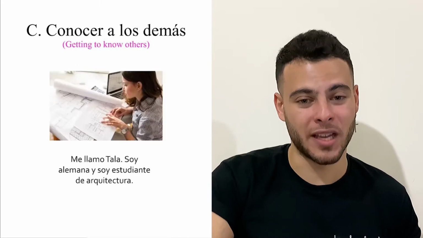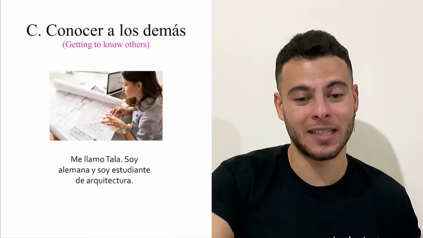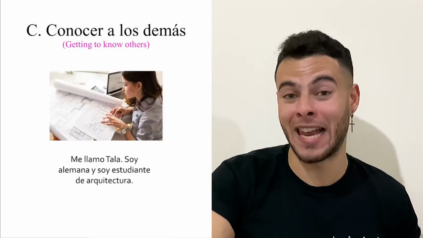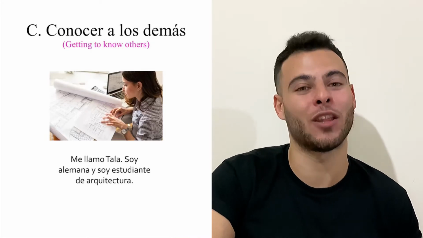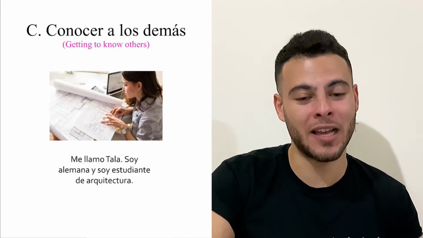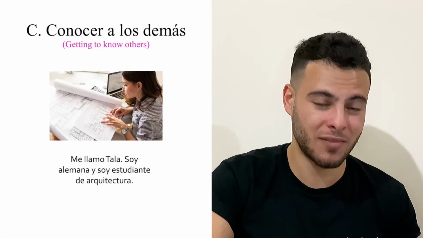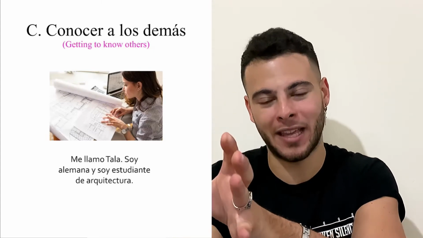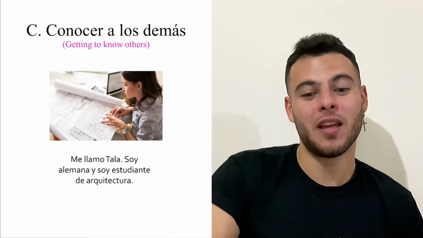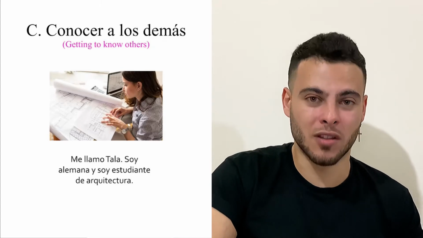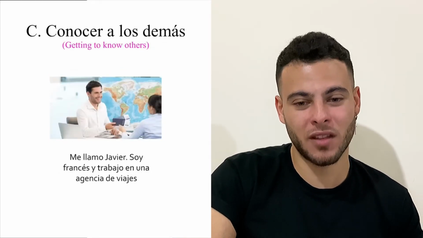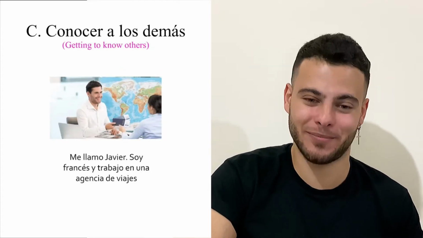The next example is Tala. Me llamo Tala, soy alemana y soy estudiante de arquitectura. Here Tala is from Germany, Alemania, alemana y alemán. And she is a student of architecture. The next one is Javier.